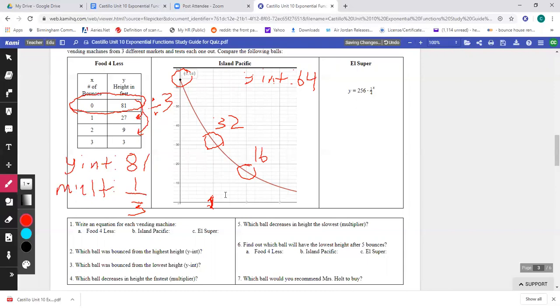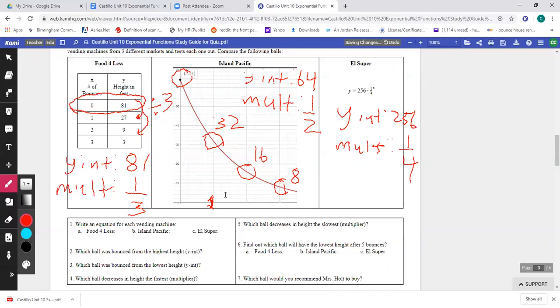And then I'm going to go to the graph here, and I see that it's 8. So it goes from 64 to 32 to 16 to 8. So I divide by 2. But remember, your multiplier is not 2, it's 1/2. And then here, this one's pretty easy. The y-intercept is 256. And your multiplier is 1/4.